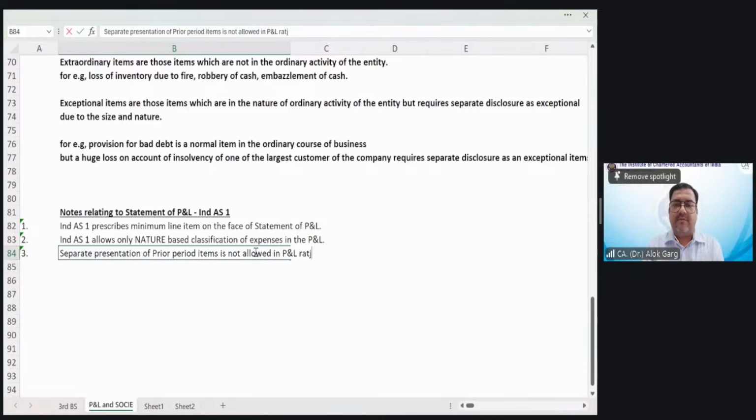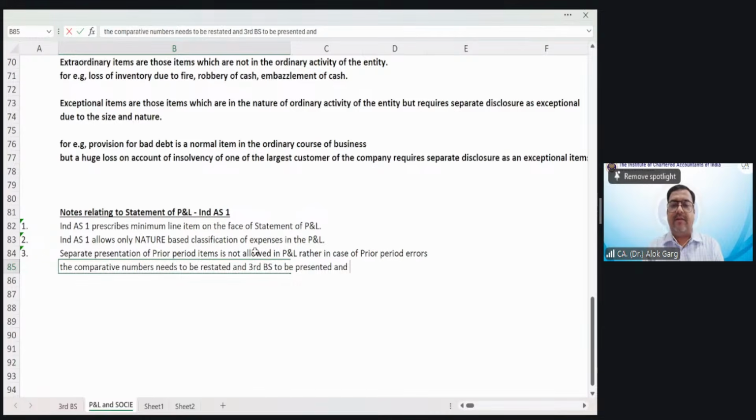Rather, in case of prior period errors, the comparative numbers need to be restated and a third balance sheet to be presented, and disclosures as per Ind AS 8 have to be made.